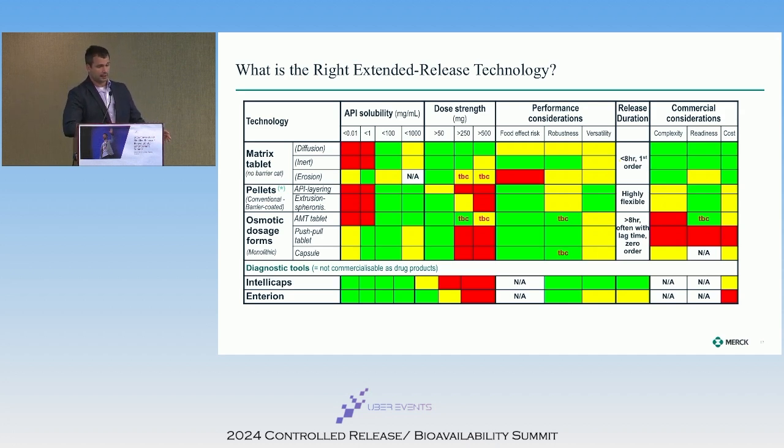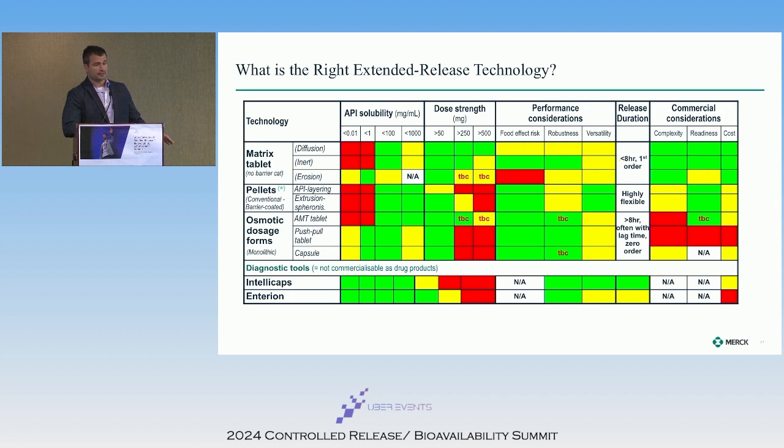Next part is your dose strength. If you're in a high dose, you're probably looking at a matrix tablet. Both the multiparticulates and the osmotics certainly have some variability. The osmotics generally cannot handle high doses. You just run out of room with those particular tablets.